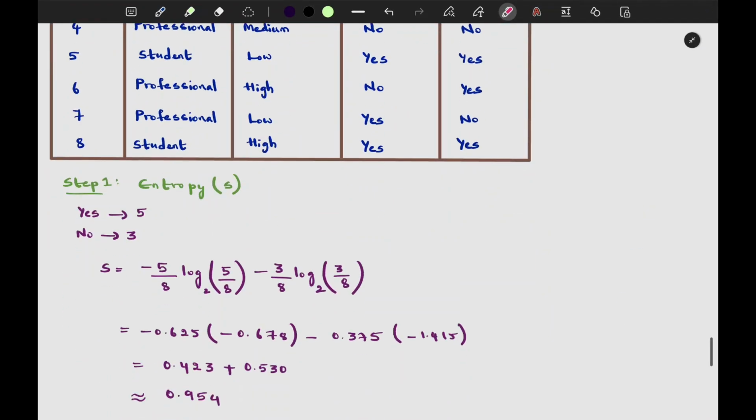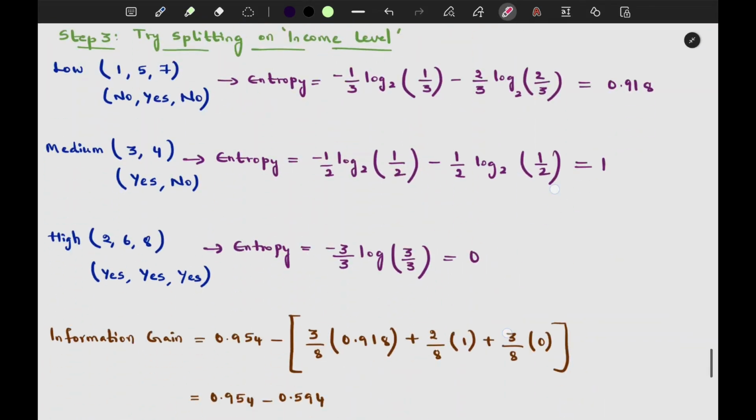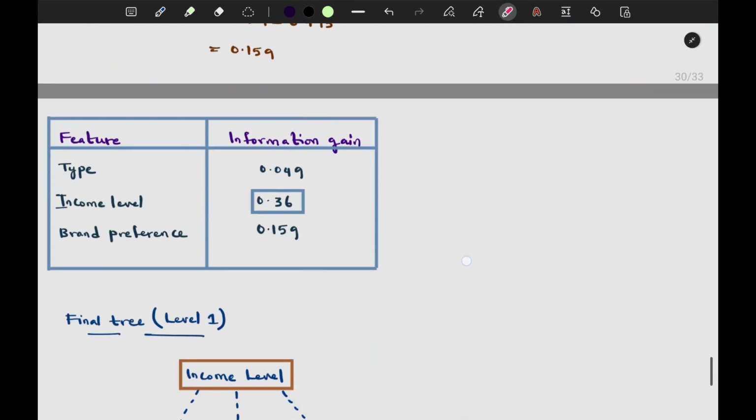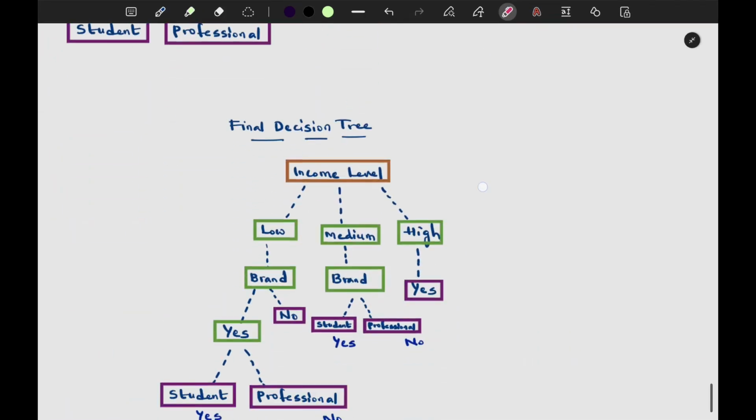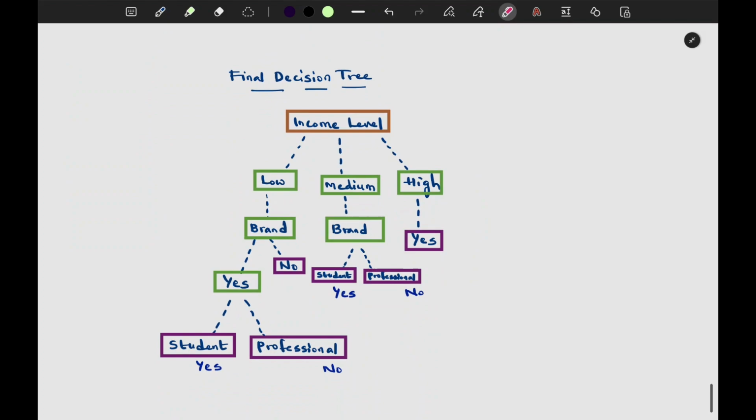Now let's see the final decision tree we got. Here you can see for the medium also I took the brand preference, and according to that, either yes or no, I have classified. If yes, it is particularly the student, and if it is no, it is only for the professional.